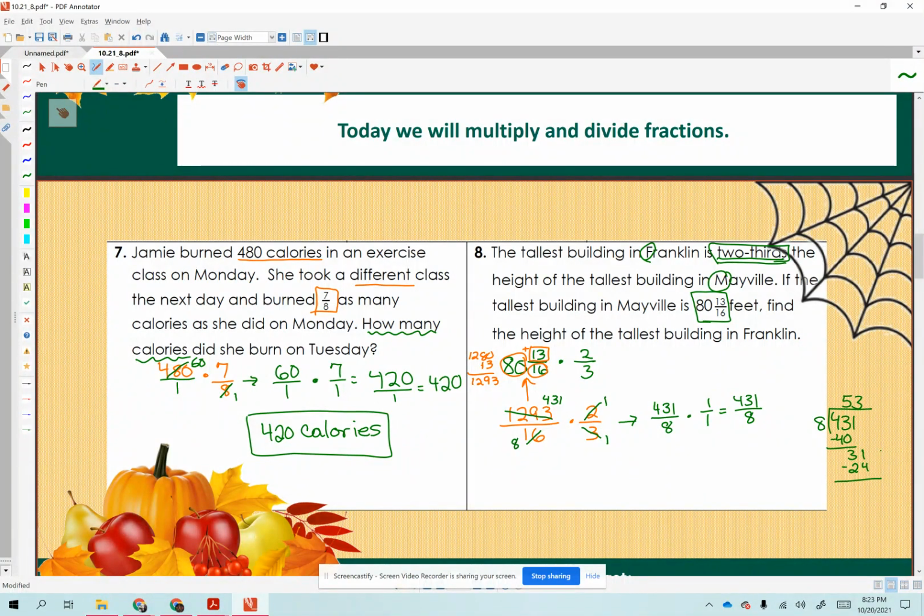And that would leave 7/8 left over. So our final answer will be 53 and 7/8. Now, what are we talking about here? This problem is in feet. So 53 and 7/8 feet.